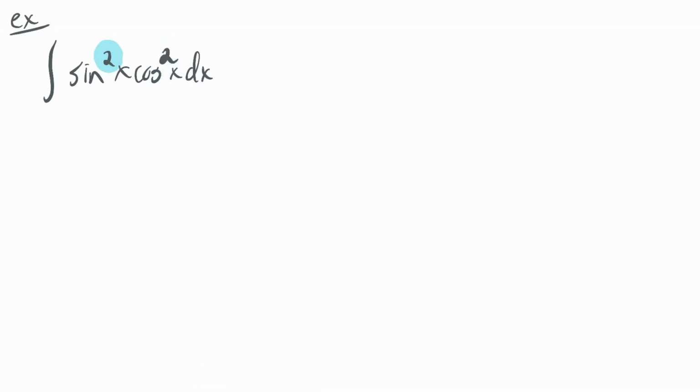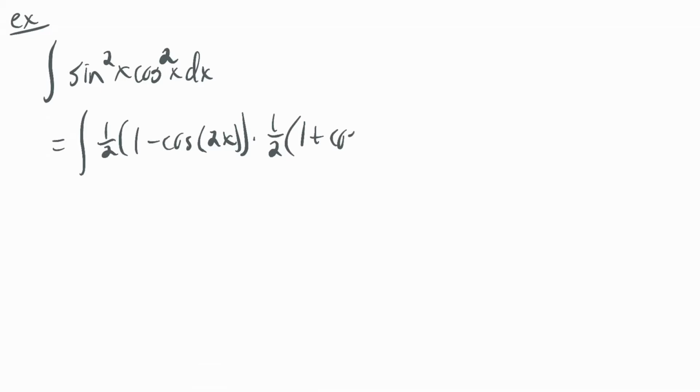So instead, we basically have to deal with it the way that we did with sine squared of x. We say, well, let me use the double angle formula for cosine. So this is going to equal the integral of 1/2 times 1 minus cosine of 2x times 1/2 times 1 plus cosine of 2x dx.